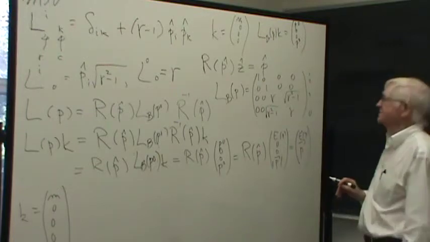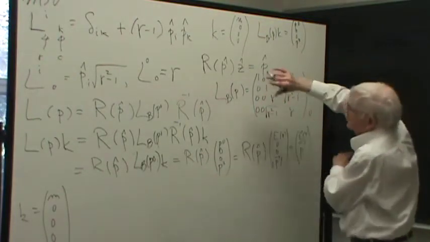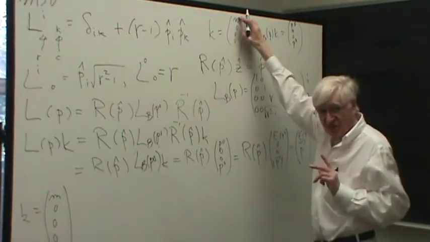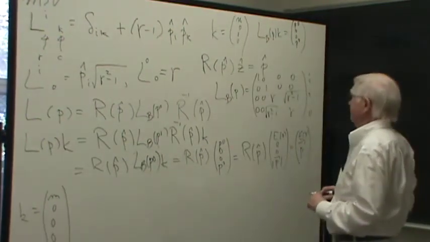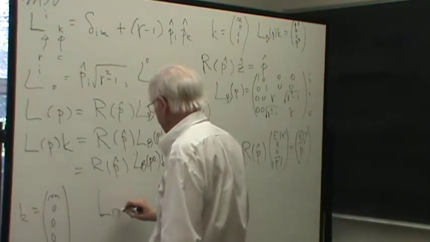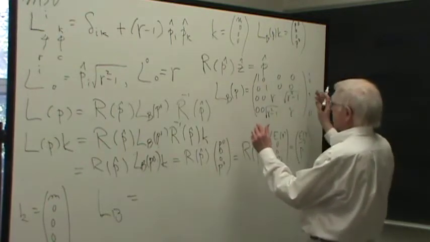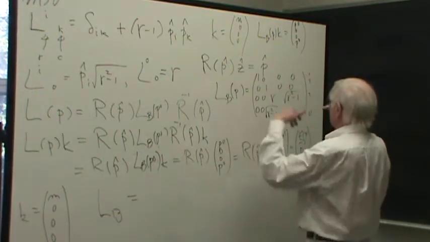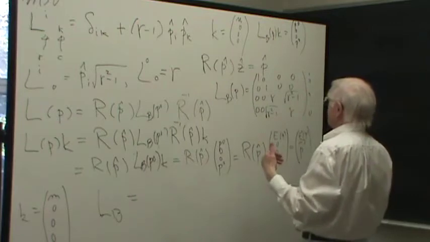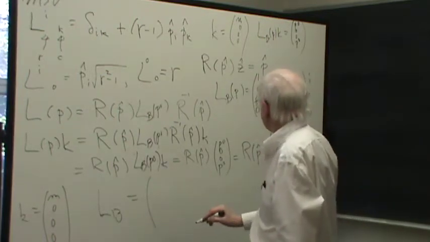So in other words, I should have written it the other way because I was putting zeros on top. So let's see if L of B is actually simply that. But it may be that we need to switch the rows as well as the columns. Anyway, it is.